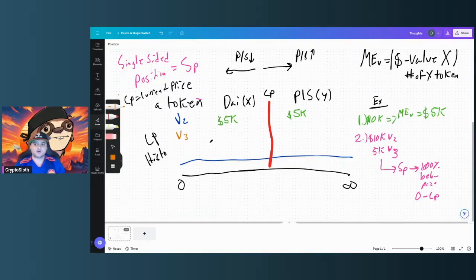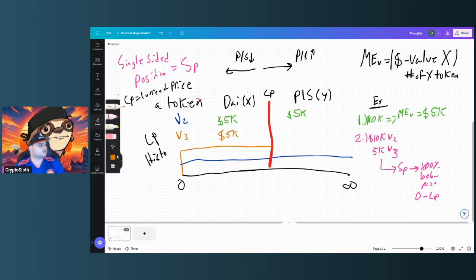So we're overlaying the V2 histogram and the V3 histogram over top of each other. So there's either two separate liquidity pools, and that is from 0 to infinity, and 0 to the current price. All of this liquidity is right here, and this is 5K. Okay. So we have 5K of DAI on the left side of the current price in the V2 pool, and we have 5K of DAI on the left side from the V3 pool.